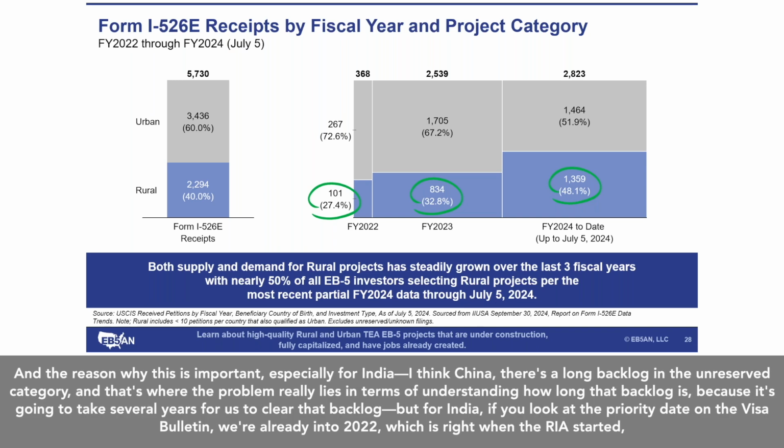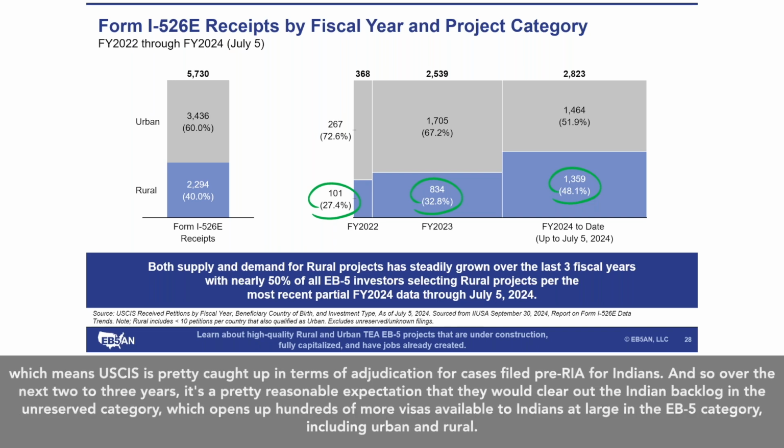And the reason why this is important, especially for India, like I think China, there's a long backlog in the unreserved category, and that's where the problem really lies in terms of understanding how long that backlog is, because it's going to take several years for us to clear that backlog. But for India, if you look at the priority date on the visa bulletin, we're already into 2022, which is right when the RIA started, which means USCIS is pretty caught up in terms of adjudication for cases filed pre-RIA for Indians.